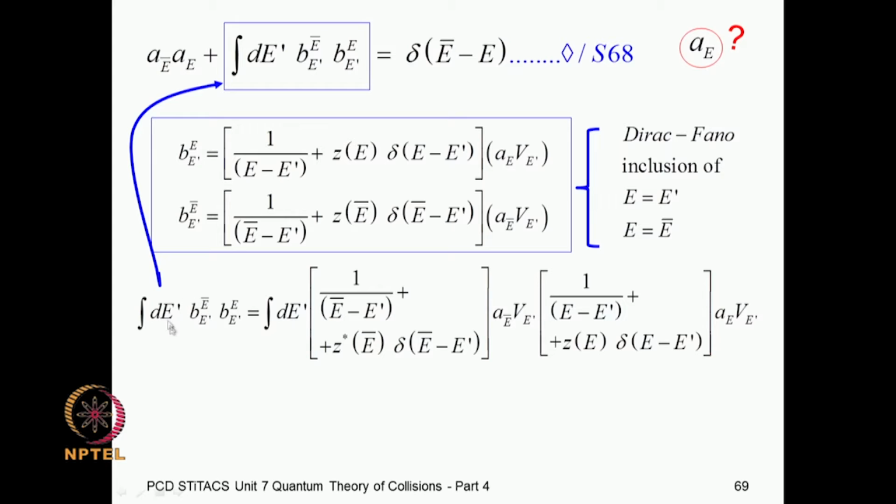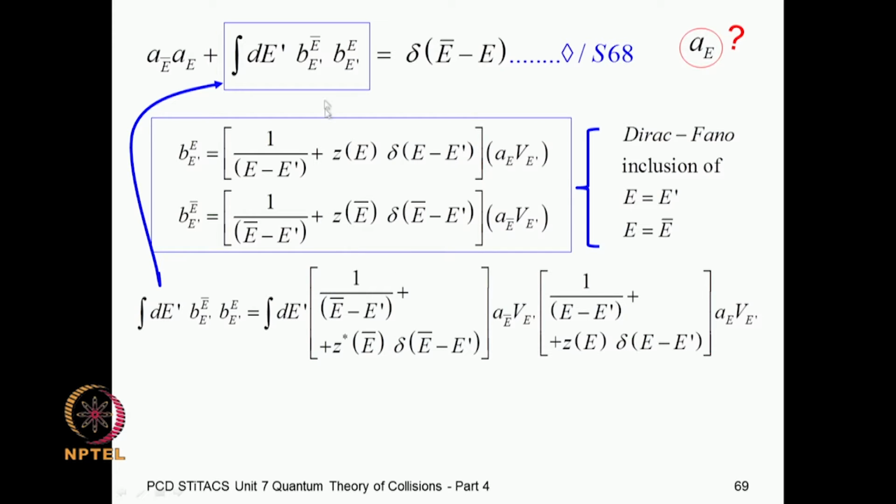Now, in this relation, which is indicated by this diamond, over here I use the Dirac-Fano inclusion for E equal to E prime, because both are here. You have got E prime over here.